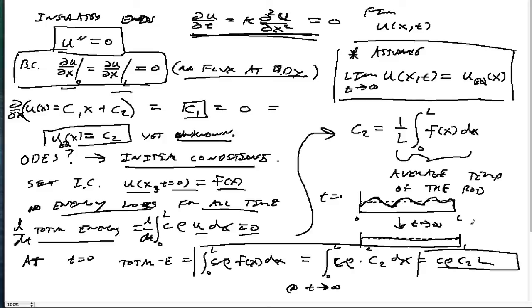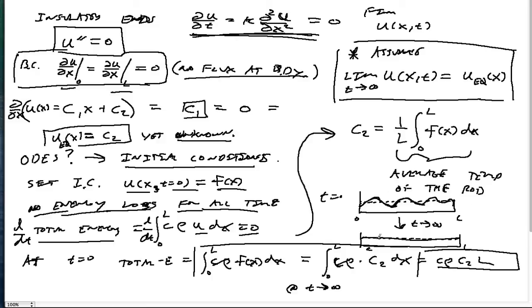So the heat equation is taking any kind of variation in temperature over this bar, and provided no energy is lost through the system, what we end up getting from this is that the end temperature of the bar is going to be homogeneous. It's going to be a constant value, but it's still going to be equal to the average temperature.